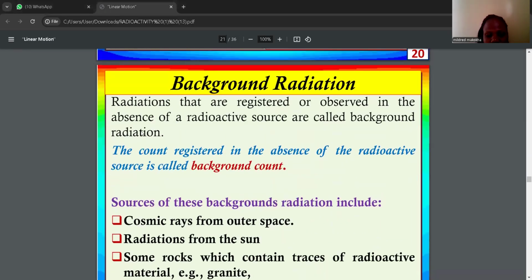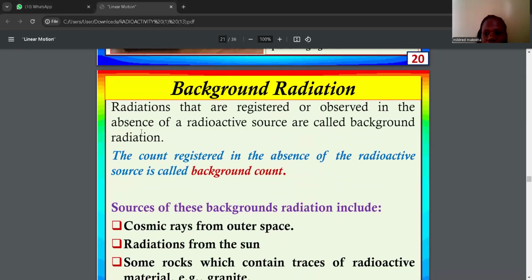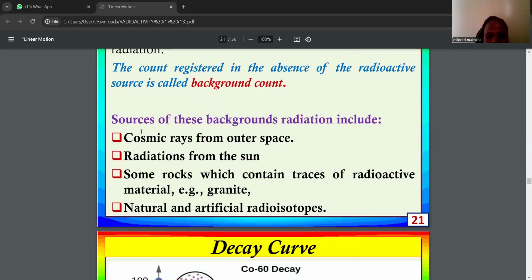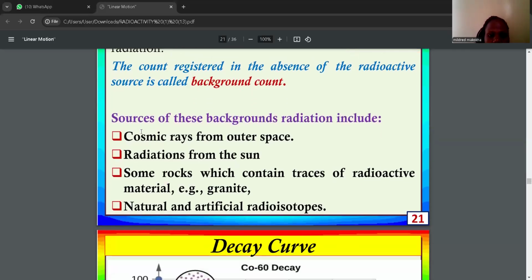So what are the background radiations? I've just mentioned something about the background radiations. Background radiations are radiations that are registered or observed in the absence of a radioactive source. And the count registered in the absence of a radioactive source is referred to as the background count. What are the sources of these background radiations?